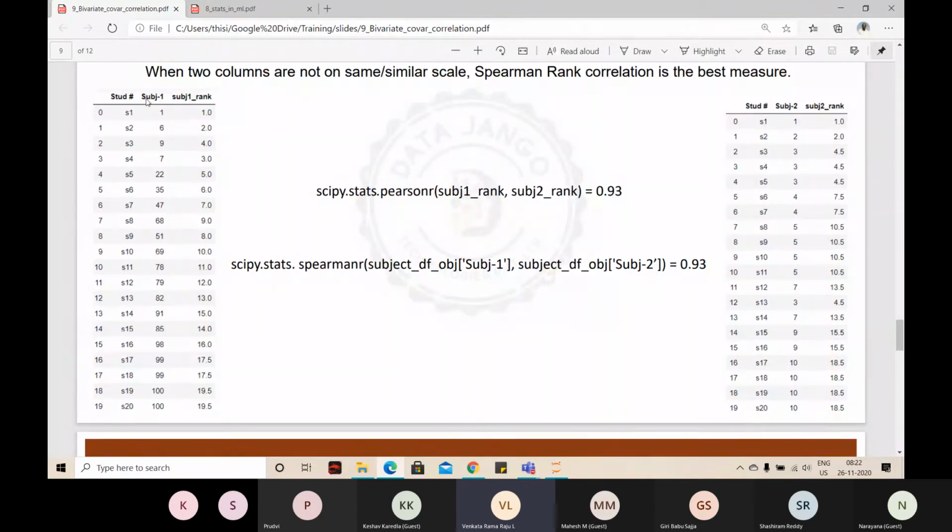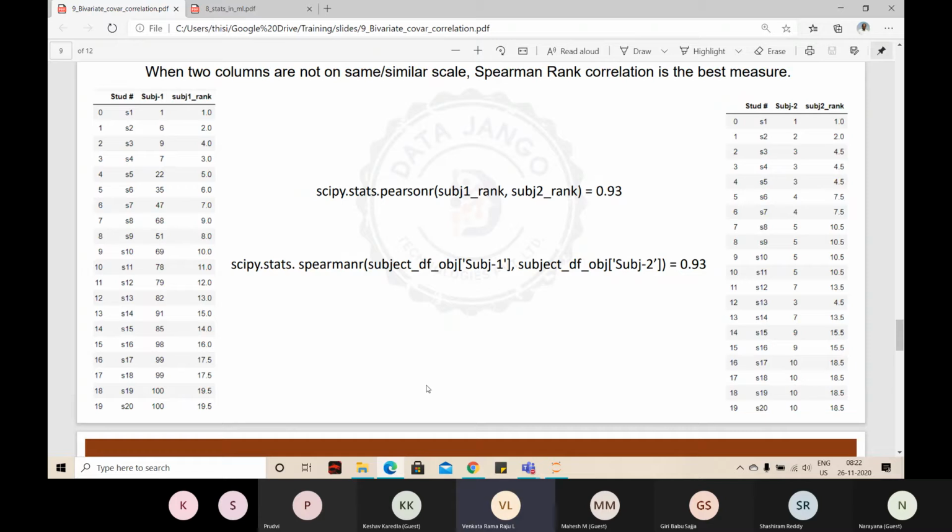If the spread of the columns is completely different, see this here. I think yesterday I briefly explained a little bit. There is subject 1 and subject 2. On subject 1, the maximum score is 100. On subject 2, the maximum score is 10. If you look at the scale, they are different.